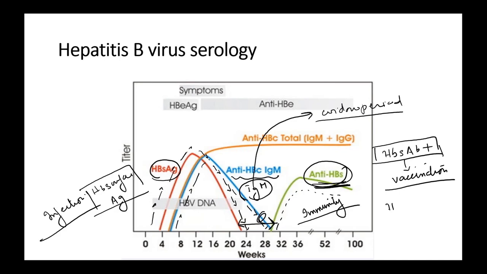Now let's say hepatitis B surface antibody is positive plus core antibody is also positive, IgM or IgG. That indicates that the patient had infection, but now has gotten immune. Now they have immunity.